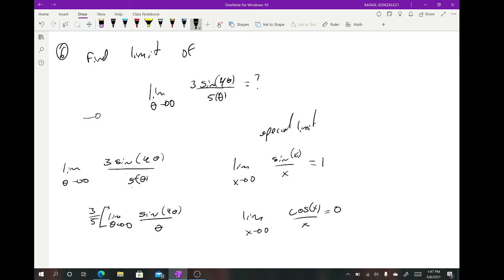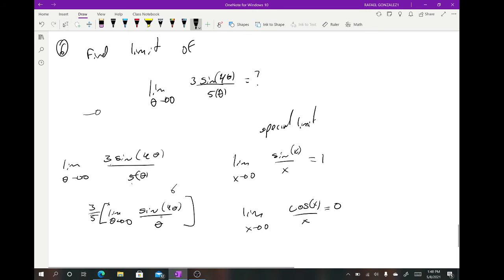Now, I'll wave my hands a little bit here, but it turns out that this is actually equal to 4, this limit when you do it. So I'm going to do some hand waving here, and that is because of this rule. Sine of 1x over x as limit of x goes to 0 is 1.